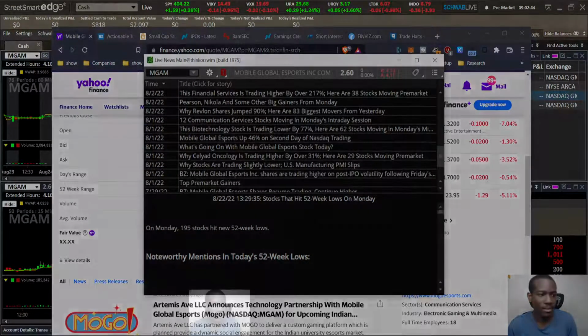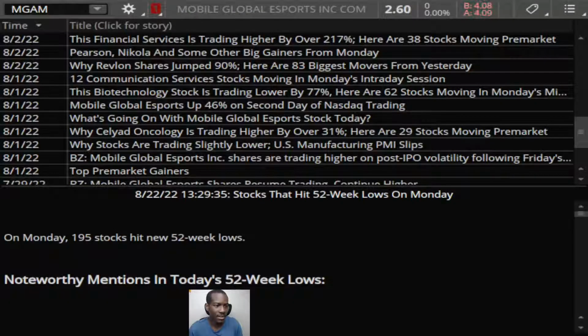Also, let's look at this daily chart on MGAM. Had a huge drop. Was up here, gapped up from 28 up to 35, rolled up here for a little bit, and then a huge drop down to the 20s, and then further down under the 10s. So the daily chart is definitely looking spooky on this one.